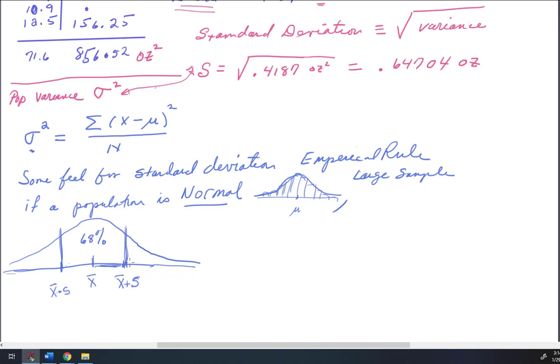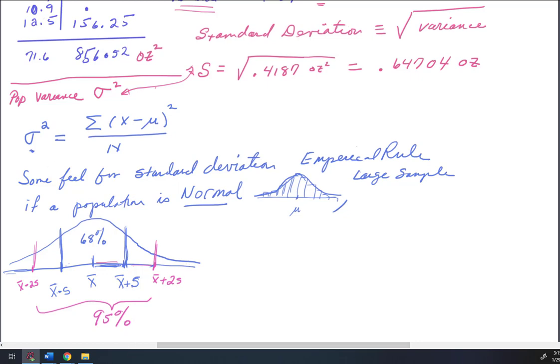And if you would continue this notion and move one more to the right, this gap and this gap would be the same size, I would arrive at a point X bar plus 2S. And I want you to come down one more standard deviation and arrive at X bar minus 2S. Inside these red boundaries that I'm drawing, I should have 95% of my data if the data is normal.